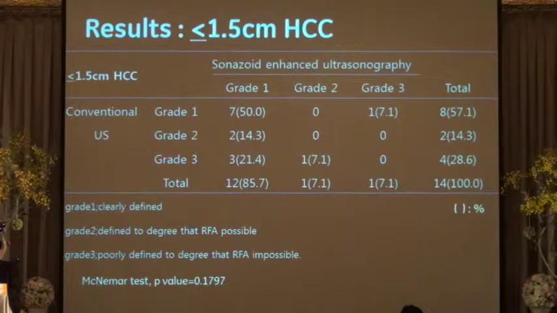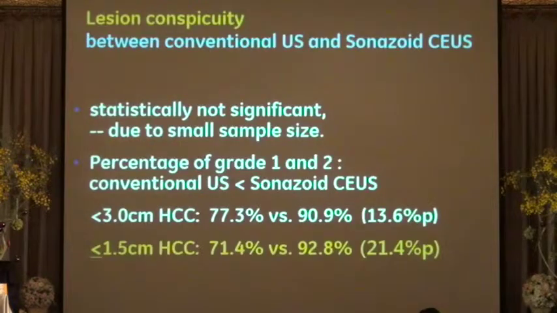In 14 HCC with a size of 1.5 cm or less, the number of grade 1 and 2 on conventional US was 10, 71.4%, and that on Sonazoid CEUS was 13, 92.8%. 4 tumors of grade 3 on conventional US were well visualized on Sonazoid CEUS.